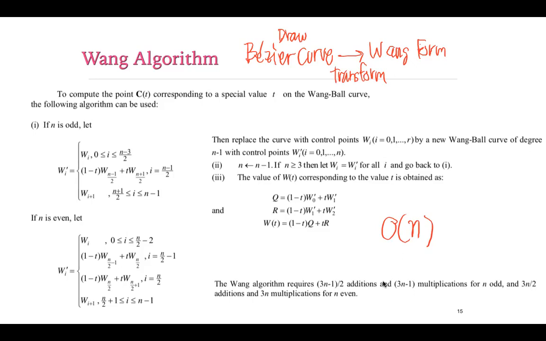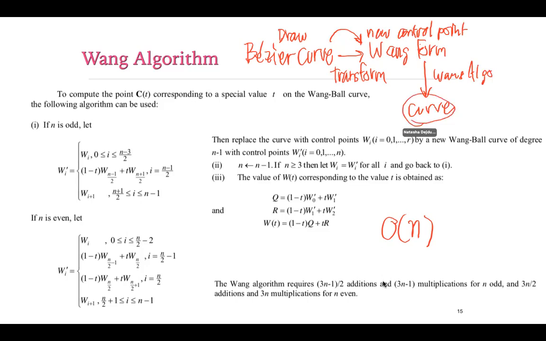Instead of using the classical algorithm to compute the point on the Bezier curve, we can convert this into new control points of Wang, but we still have the same Bezier curve, and then we can use the Wang algorithm to generate the curve. This curve will be exactly the same as the Bezier curve. And this one is big O n.